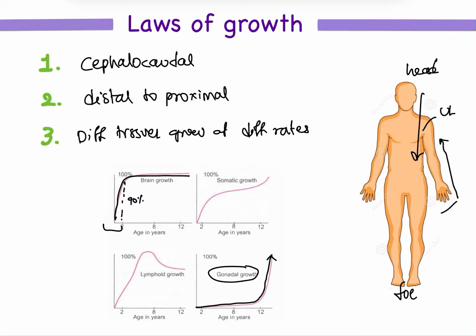First, gonadal growth is stagnant, then there is increase in puberty. Somatic growth, first there is increase in the growth, then a plateau phase occurs, then exponential phase occurs in puberty. Lymphoid growth occurs between 4 to 8 years. It is more than the adult size between 4 to 8 years.